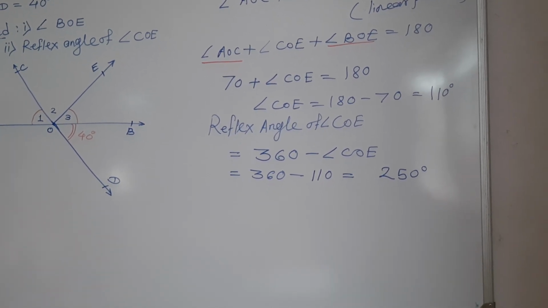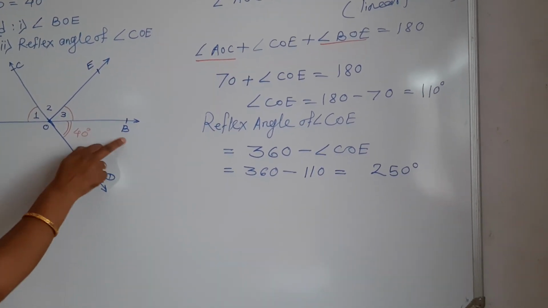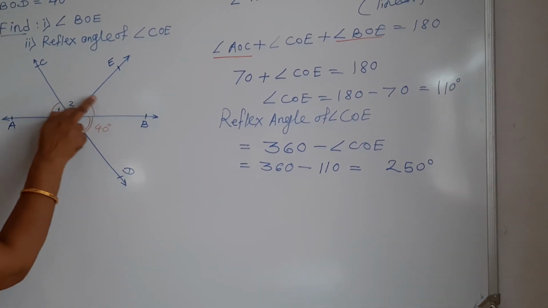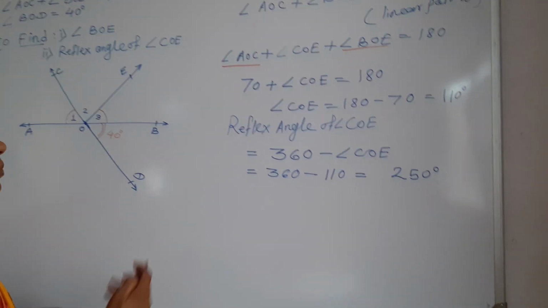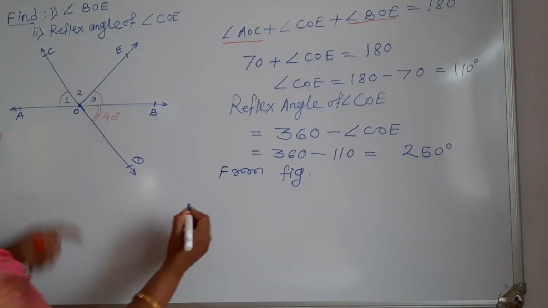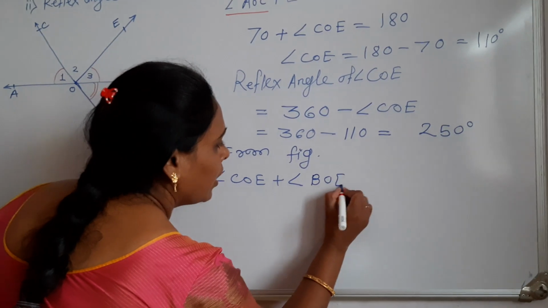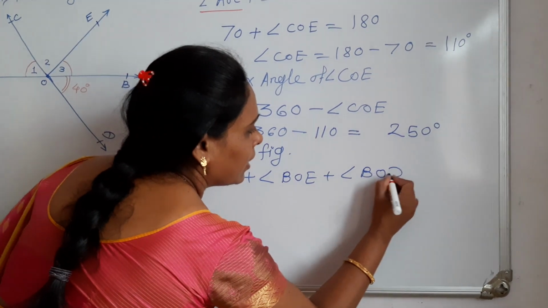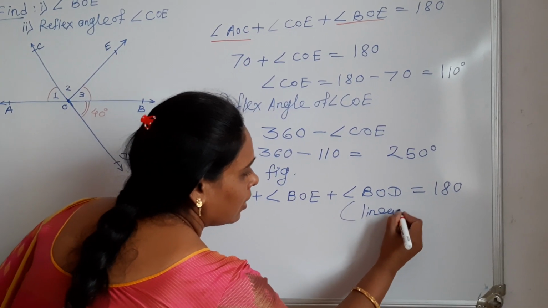Now consider this: CD is the line, and if you consider this line CD, then COE, BOE and BOD are all linear pair angles, means all these three angles are in a linear pair, and the sum of these angles is 180 degrees. From the figure, angle COE plus angle BOE plus angle BOD, all these are in a linear pair, and therefore the sum of these angles is 180 degrees. You can give the reason here: linear pair.